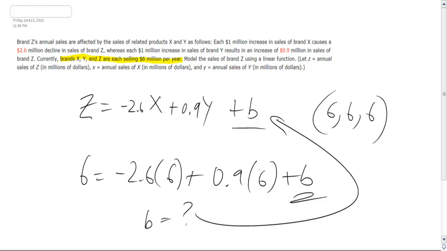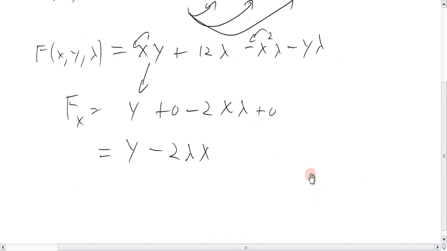Now we rinse and repeat. Now we do the partial with respect to y, and then we're going to do it again with lambda. So the partial with respect to y: for our first term, again, we have a y, so the derivative of that, the 1 comes to the front.